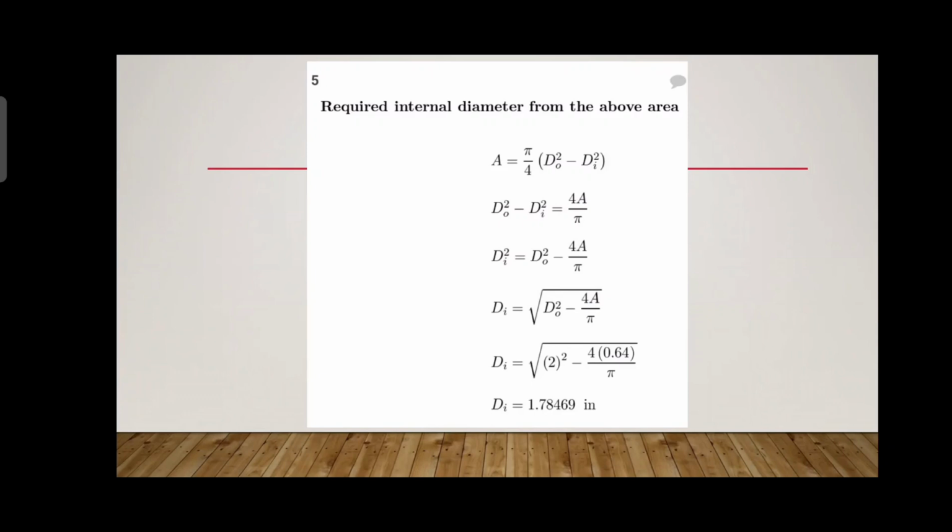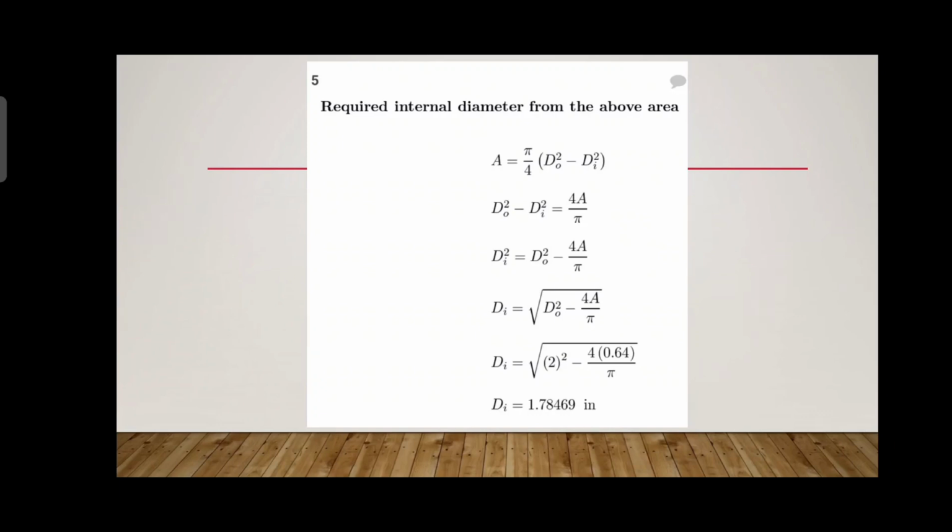Step 5, required internal diameter from the above area. A equals pi over 4 times DO squared minus DI squared. DO squared minus DI squared equals 4A over pi. DI squared equals DO squared minus 4A over pi.